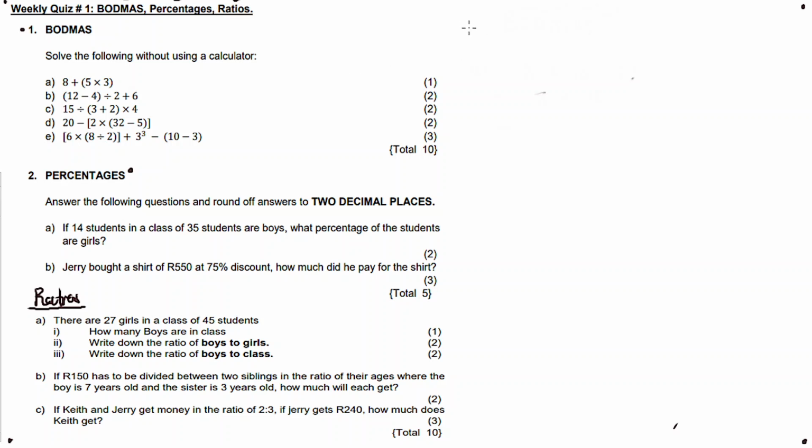All right, we're going to start with BODMAS. Number one, BODMAS. The B is for brackets. We start with brackets. O is for off, or multiplication, as I've explained in class.